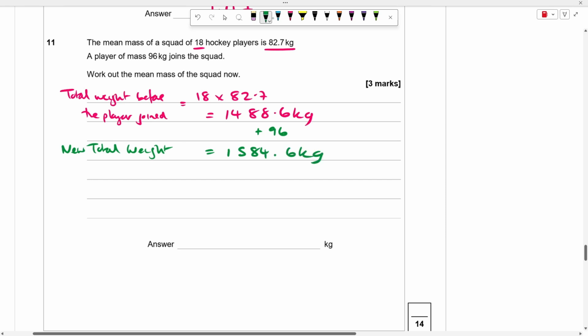Then to work out the mean mass, it's the total weight, 1584.6, divided by the total number of players. If there's 18 and a new player joins, that means there's 19 players. Typing that into my calculator, I get a new mean of 83.4 kilograms.